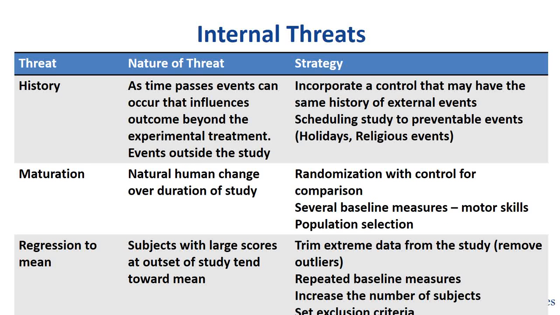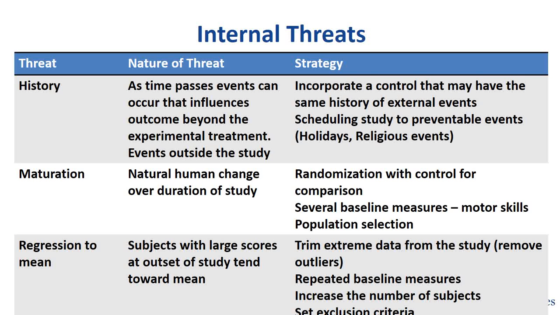Maturation is on this side. That's what I was talking about. Naturally, as you get a little older, if you're following these patients for a period of time, even though you randomize them, their maturation process might be quite different. So sometimes with motor development or motor skills, you might have to take multiple measures over the course of the intervention.